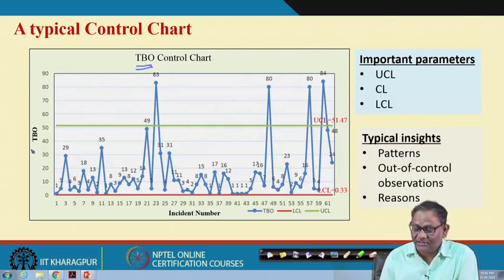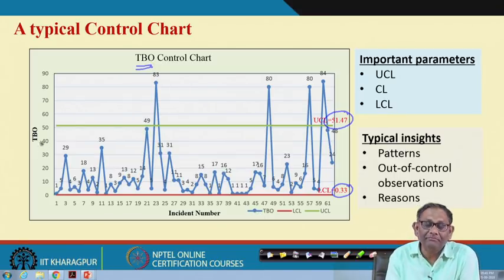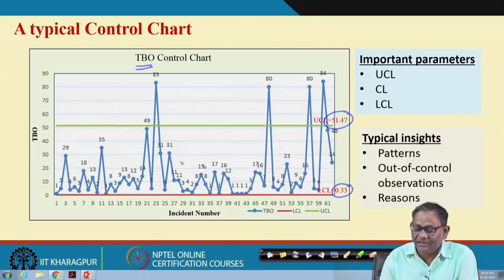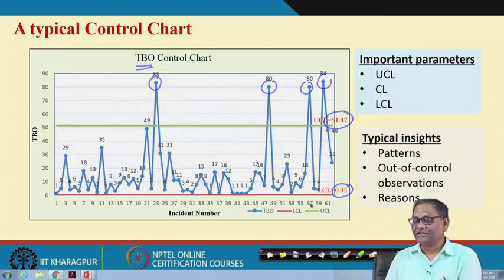We have created the upper control limit, which is 51.47, and the lower control limit, which is 0.33. Every incident observation in terms of time between occurrence is plotted, and you find that these are out of control, but at the lower side nothing is there.